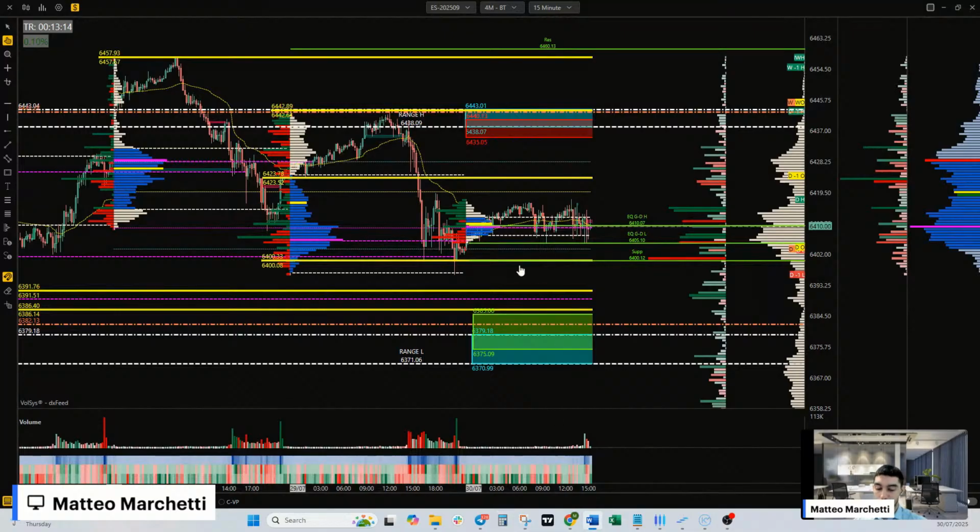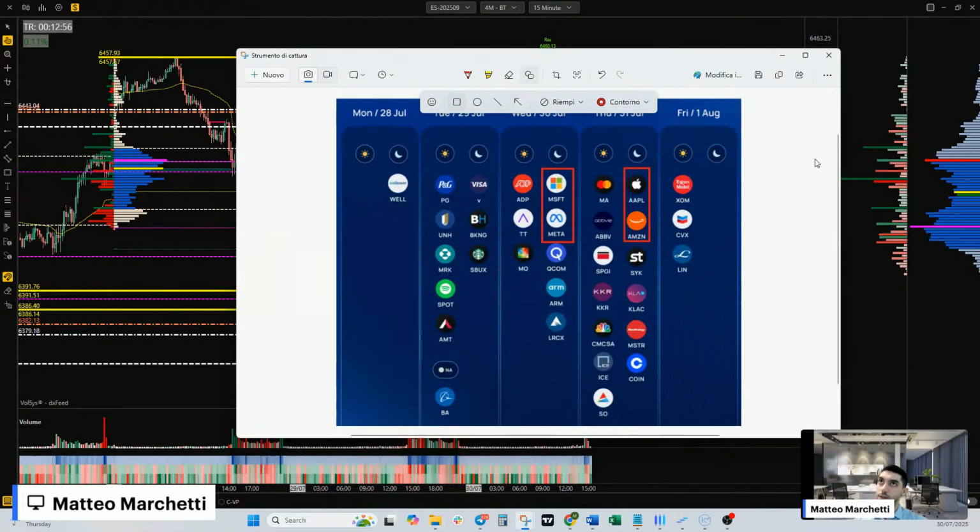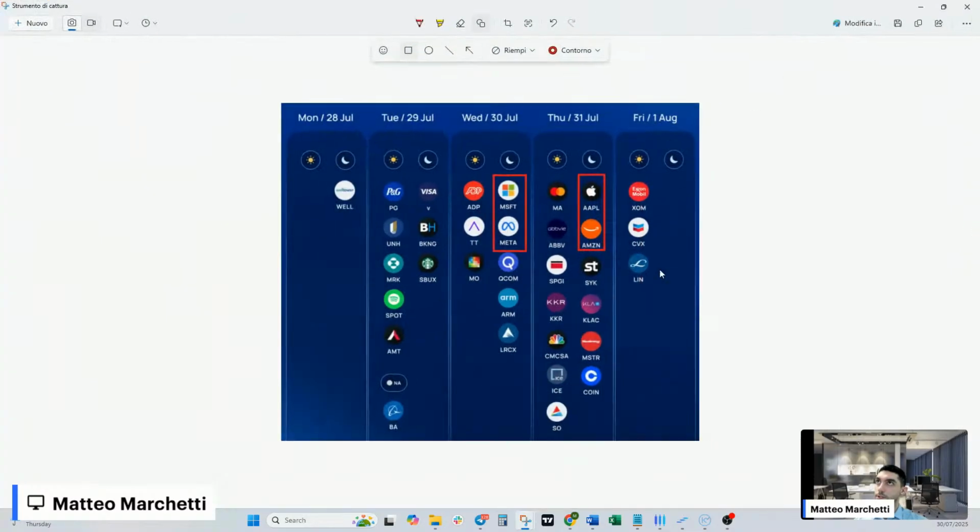These three days, as I told you at the beginning of the webinar, will be crucial also because of the earnings. We have a couple of important earnings. I put this chart on my Telegram channel, so you can also find the same charts over there. Tonight, after the market closing bell, we have Microsoft and Meta.